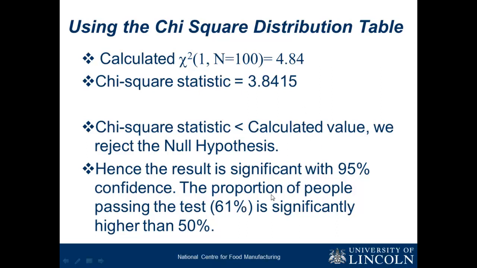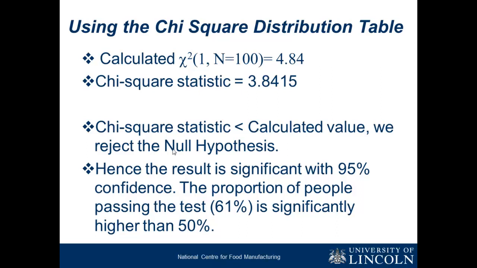The proportion of people passing the test, 61%, is significantly higher than the 50% in the population, and is not due to error. The number of likes for our product is significantly different from the number of dislikes, which is 39.